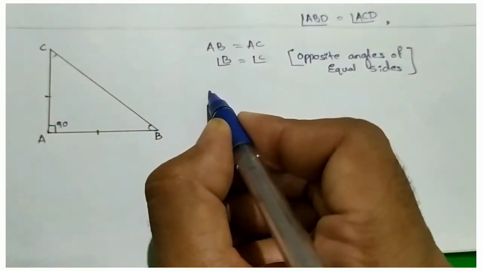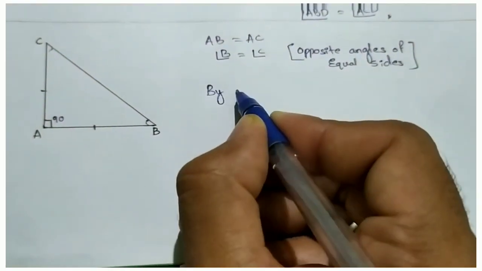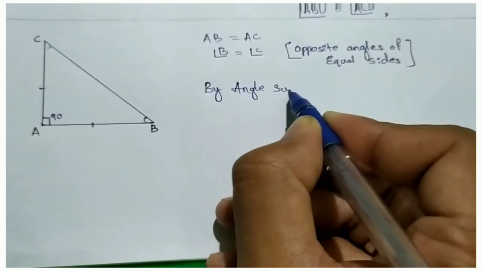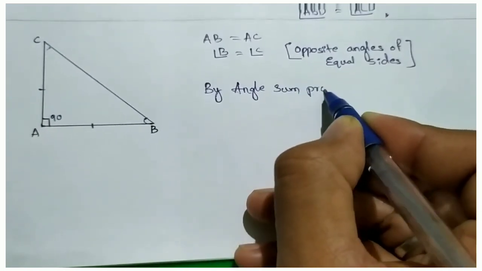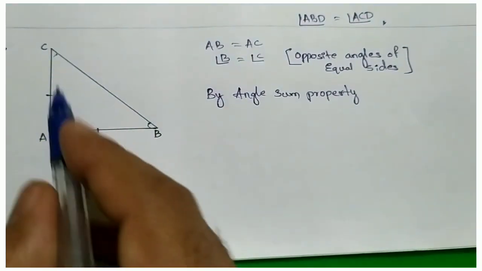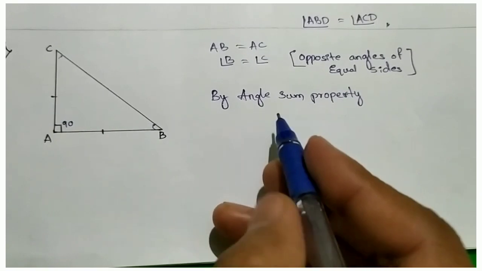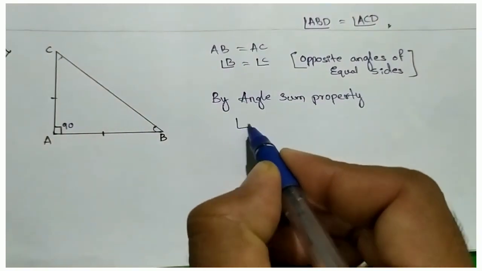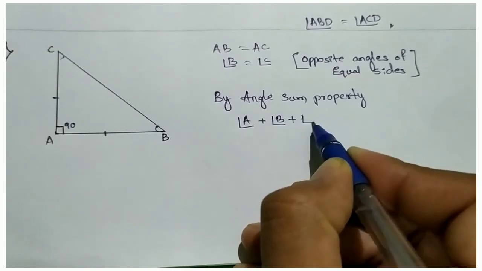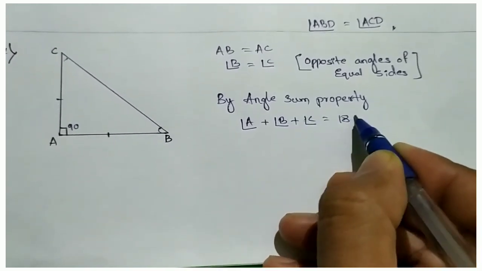Now by angle sum property, what is angle sum property? If you add all three angles of the triangle, you will get 180 degree. So it means angle A plus angle B plus angle C equal to 180 degree.